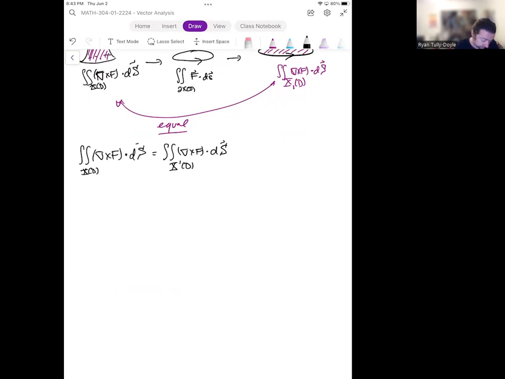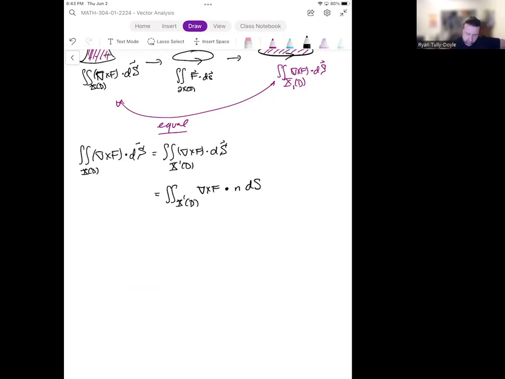And then we're going to do this trick. This is actually equal to the double integral over X prime of the curl of F dotted with the normal vector n dS without the vector hat on it.